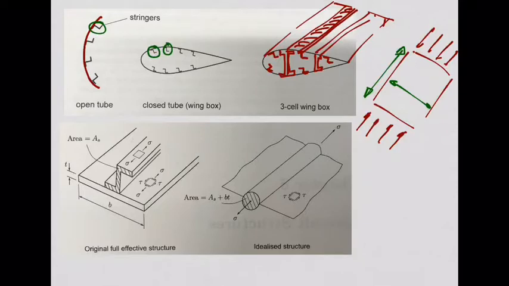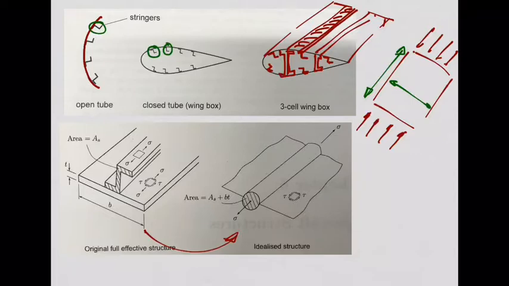So we want to move from this model to this model. First, we are going to make assumptions on the geometry and on the stress in each of these components. Regarding geometry, in the idealized structure, we're going to have a skin that we are going to assume has zero thickness. This is an idealization, okay? You might be thinking, zero thickness, what is that?